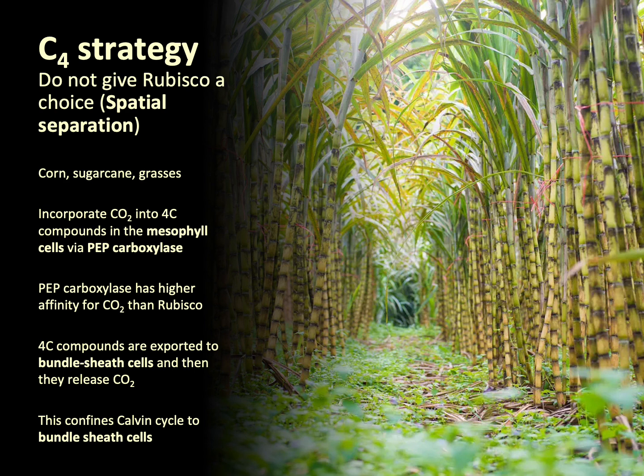So now you can fix carbon dioxide in the mesophyll cells and then re-release it in a whole new set of cells, the bundle sheath cells. And while you're doing this, you're confining the Calvin cycle to those bundle sheath cells and nowhere near the stomata. So you're not going to suffer that situation where oxygen buildup is going to throw off your system.